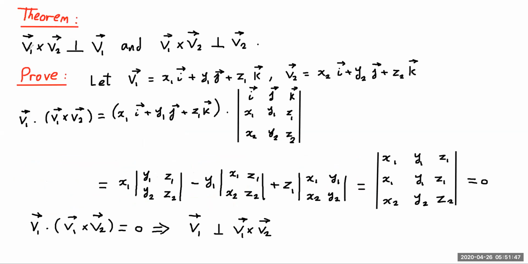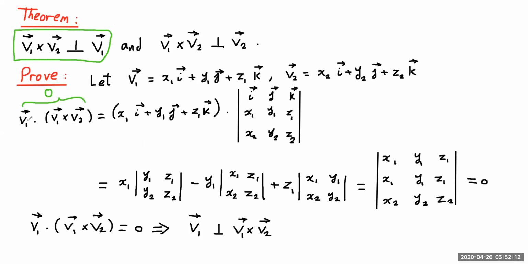Theorem: the vector v1 cross v2 is orthogonal to each of v1 and v2. Let's prove this theorem for v1, for example. To prove this, it's enough to prove that this dot product equals the number 0.